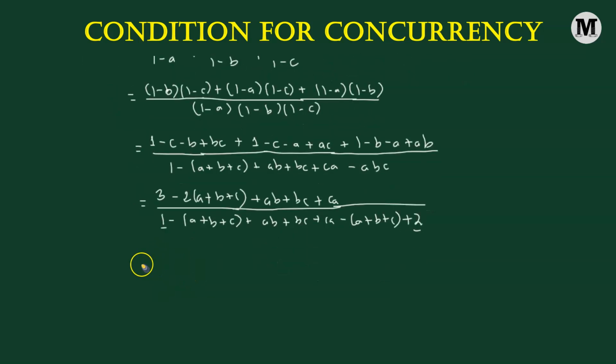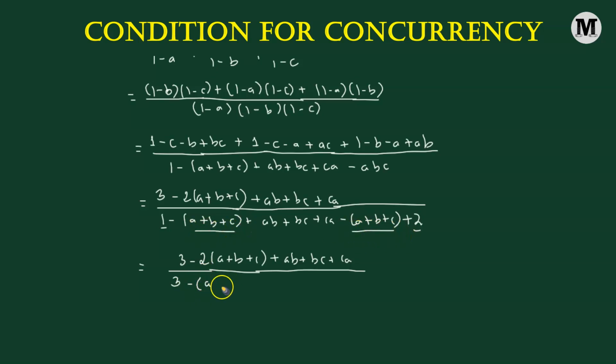So we now have 3 minus (a plus b plus c) and negative (a plus b plus c), which combine to give us 3 minus 2 times (a plus b plus c), added to ab plus bc plus ca. Now the numerator and the denominator are exactly the same, so they cancel out, leaving us with 1, which is the expression on the right-hand side. And we have successfully verified the problem. So here we have shown that the left-hand side equals the right-hand side, hence proved.